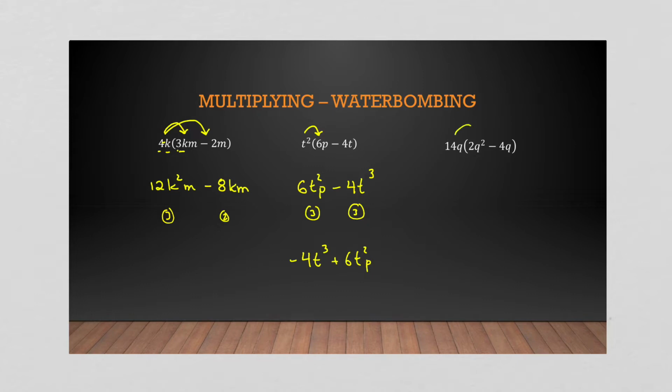And then here I'm going to multiply into here, and I'm going to get 28q to the power of 3, or cubed, and then minus 56q squared. And that's already in descending order. So exponent laws are really getting tied into our water bombing when we multiply polynomials.